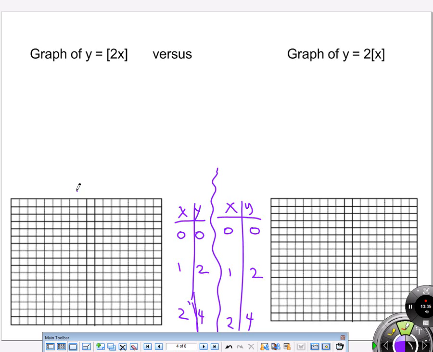So go ahead and put those on the graph. You guys aren't graphing it, so we'll put them up here. So we have 0, 0. We have 1, 2. And then we have 2, 4. And these points exist on both of the graphs.